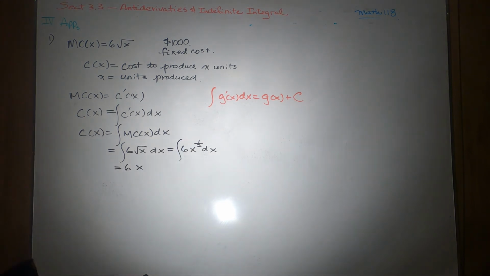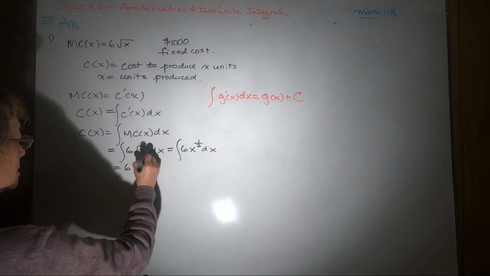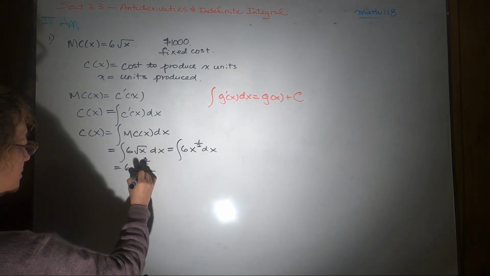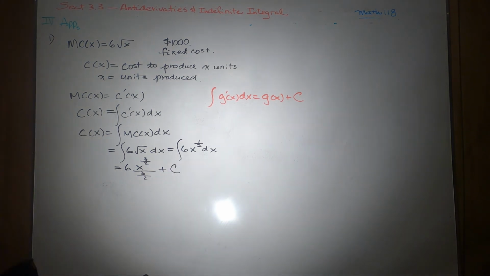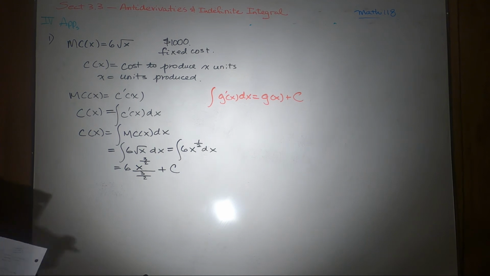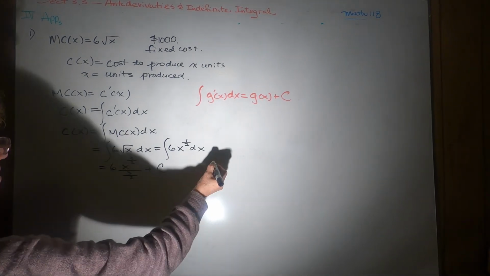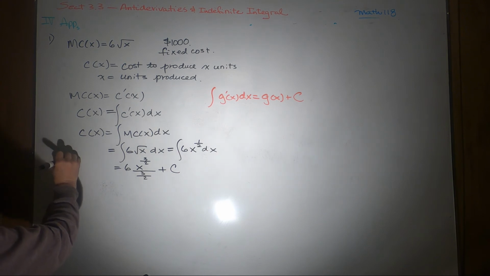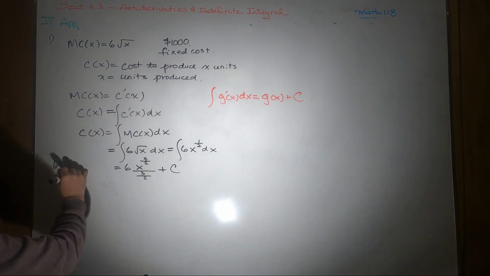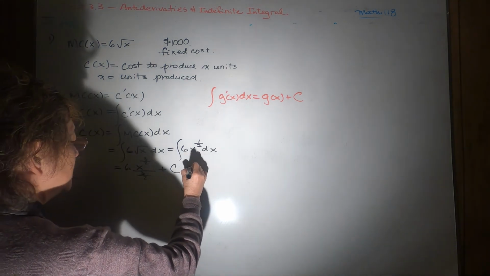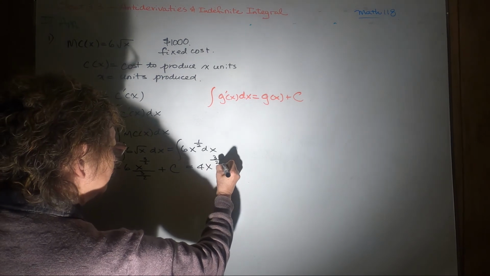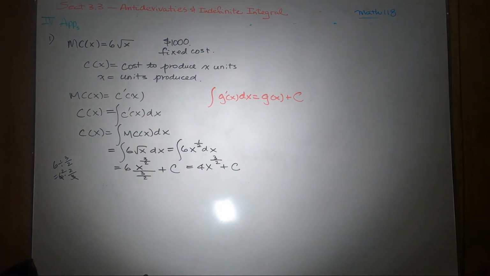Then for the one half, we use the power rule: go a level higher, then divide by 3 halves, plus something called an arbitrary constant. Then 6 divided by 3 halves means 6 times 2/3, which is 4. So we have 4x to the 3 halves plus C. Is that right?